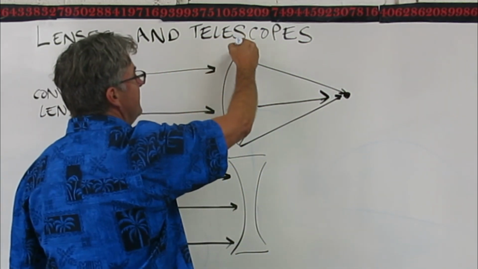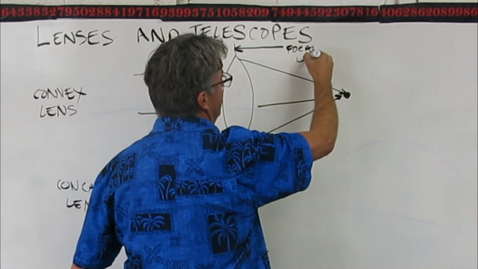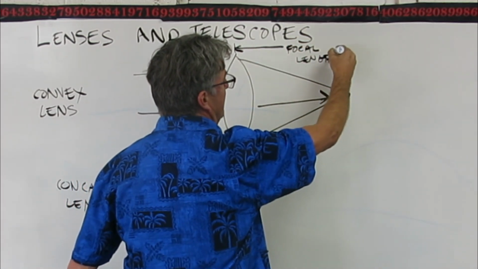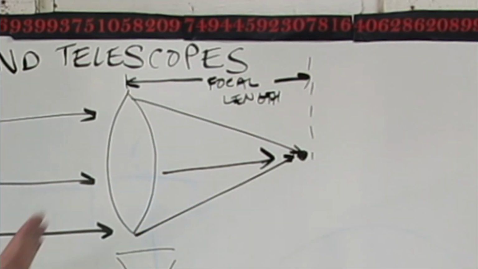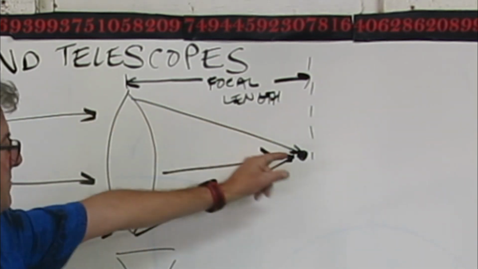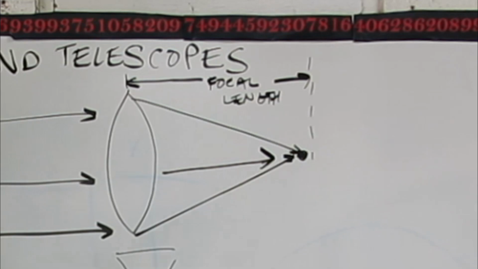This distance that it takes is called the focal length. So that's the length from the middle of the lens to where the light beams converge at a point. That's the focal length there, and there's my lens.